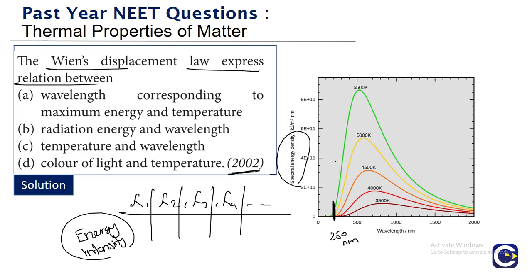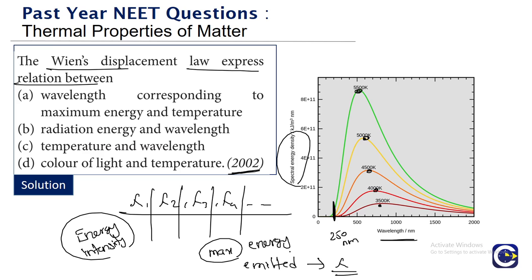When you look at this spectral energy density graph with respect to the wavelength, we will see that at a particular value of wavelength, a peak is reached. That peak will correspond to the maximum energy emitted through that particular lambda.